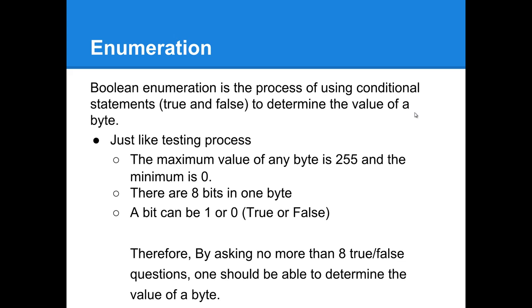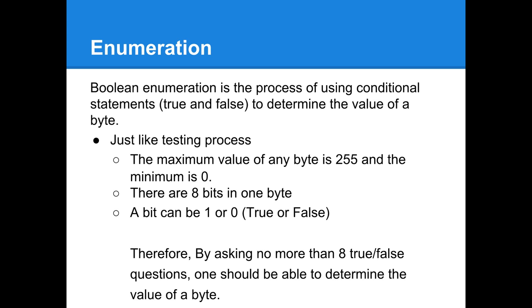Binary enumeration, also called Boolean enumeration, is simply the process of injecting conditional statements into the vector to determine the value of a byte. The limitation of these conditional statements is that they either return true or false about the given target data. So if you break down the value of a record into its bytes, say for a string, each character is going to take up a single byte.